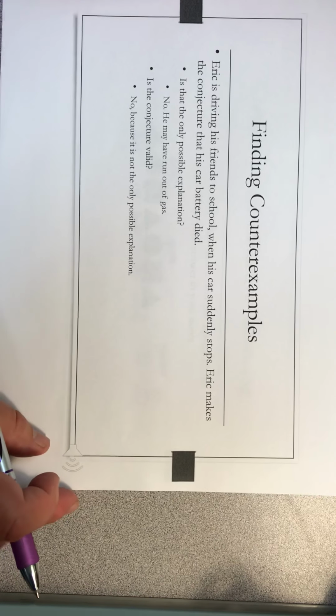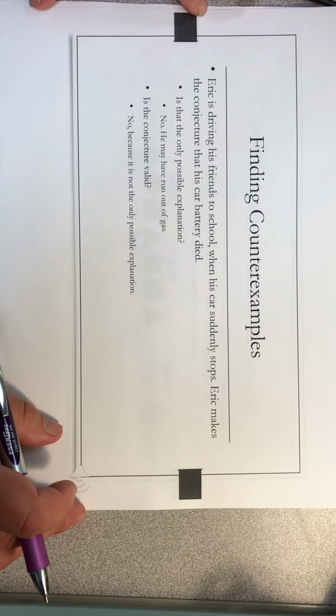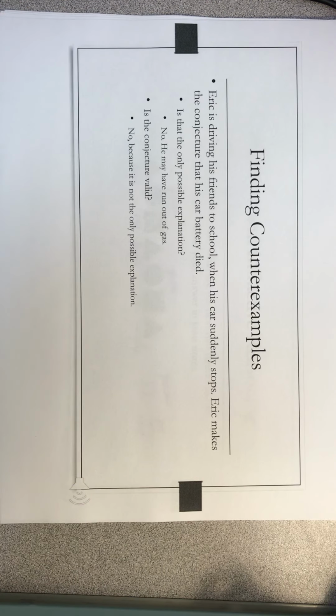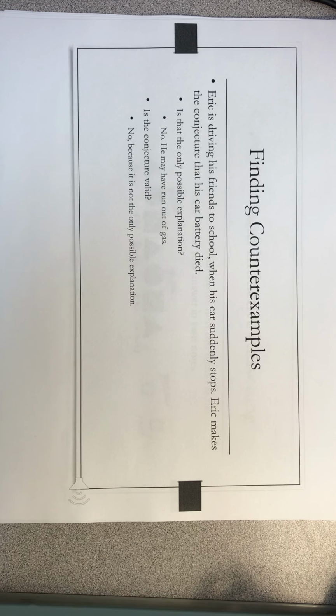Sometimes, though, just like with our definitions in class today, we have to actually assess the validity of our conjectures or our arguments, or as in class today, the validity of our definitions. And so one way to do that is to see if you can come up with a counterexample. So Eric is driving his friends to school when his car suddenly stops, and he makes the conjecture that his car battery died.